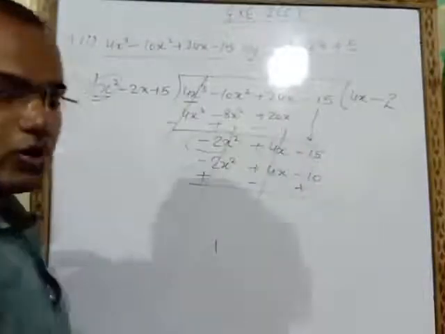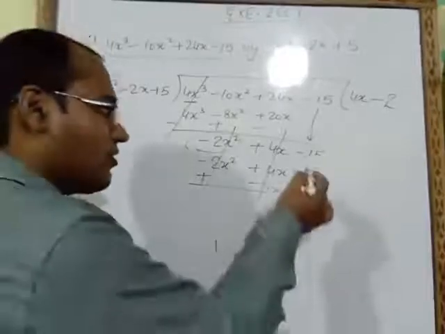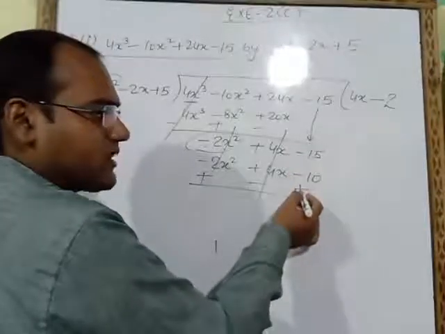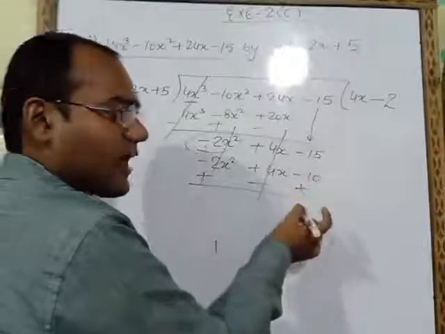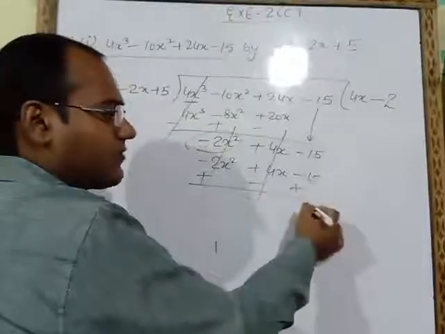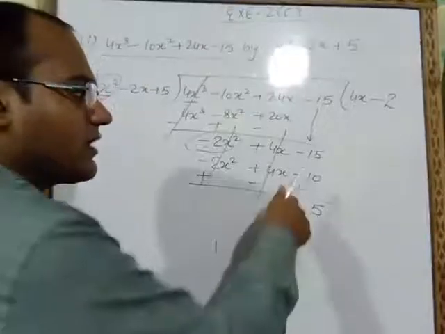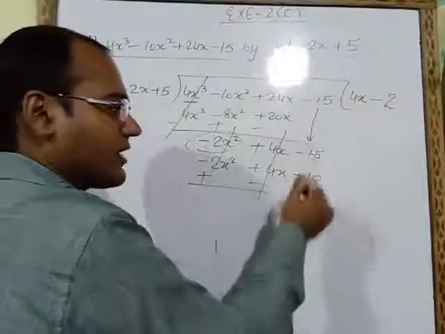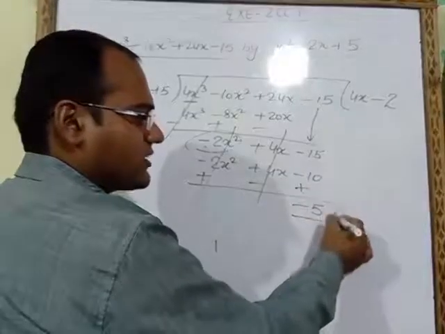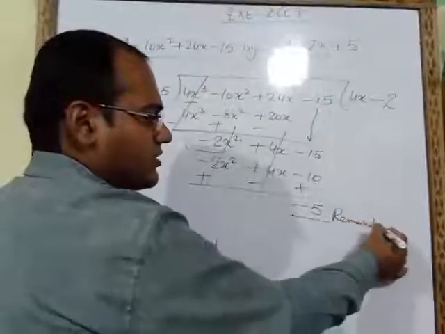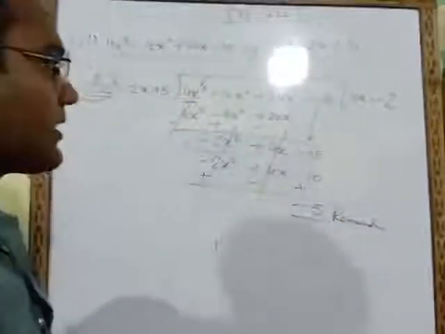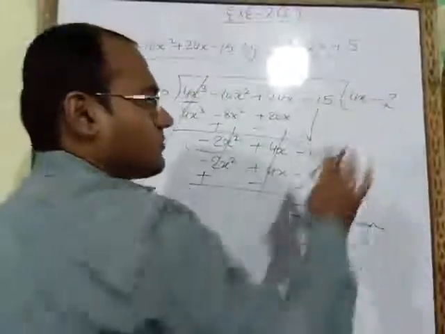So these two also will get cancelled. Now this is minus 15 and this is plus 10. Minus plus minus. So on subtracting them we will get 5. But sign you have to put of the greater number. Greater is 15. 15 is having minus sign. So minus 5 is the remainder. So remainder is minus 5 and quotient is 4x minus 2.